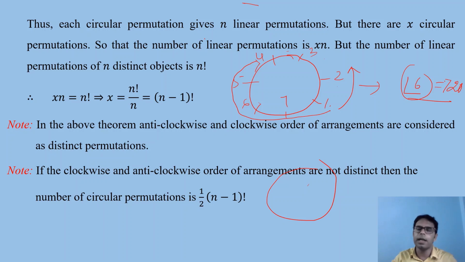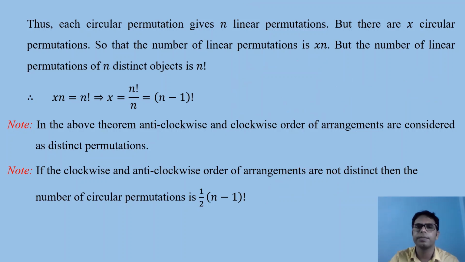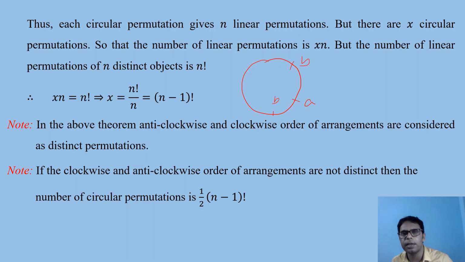But here I am telling about this one. You see, if the objects are like this, say here is A, B, here is again B, this is C, it is C, this way. That is, clockwise ABC and anti-clockwise is also ABC, these types.